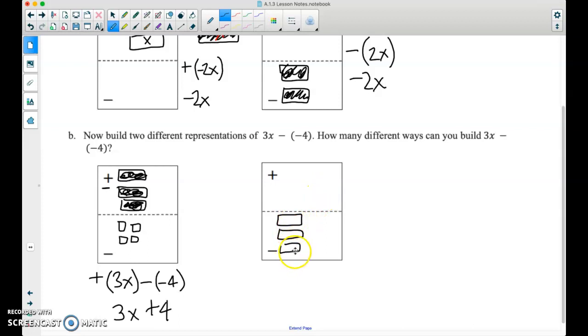We'd have 3 negative x tiles in the negative region, and then we could have 4 of our unit tiles, but if we shade these in to make them positive, then we would have minus 3x plus 4. So we would get the exact same thing of 3x plus 4.